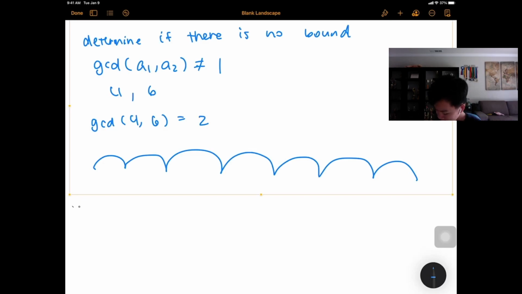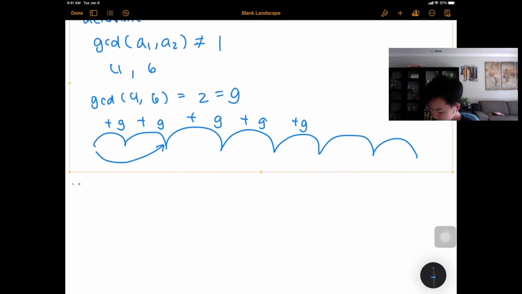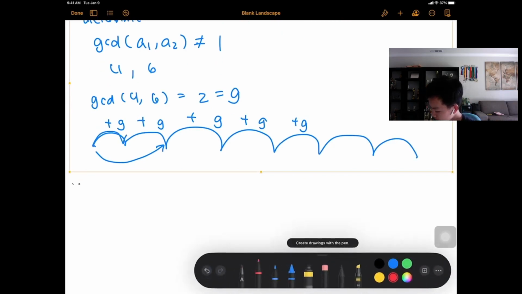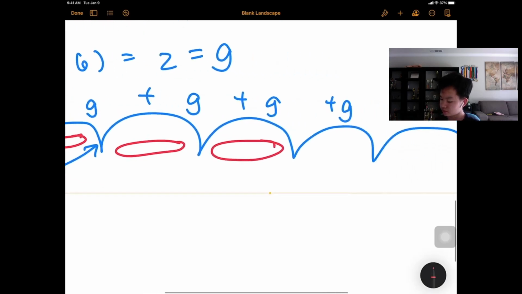Let's call our GCD equal to G. So this is going to be plus G at most. You'll always only be able to make these plus G jumps. But if you notice that you can only jump plus G every time, then it means that you cannot achieve the amounts that are in between G and 2G, for example.